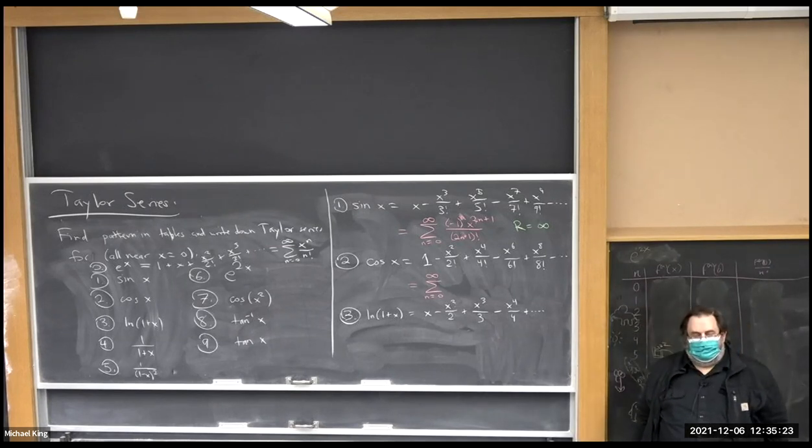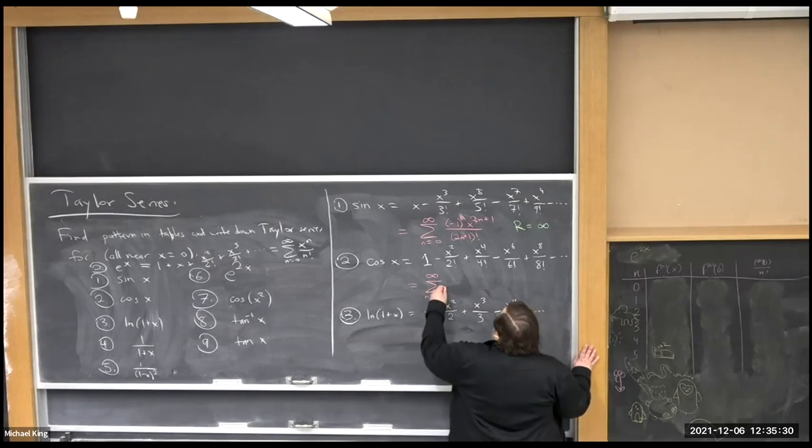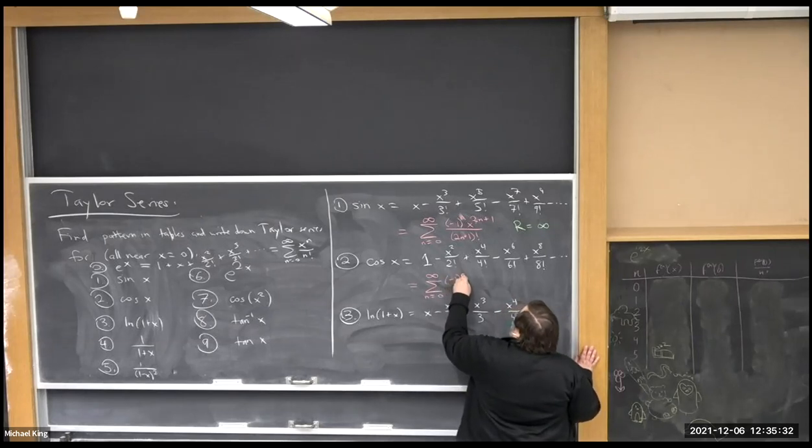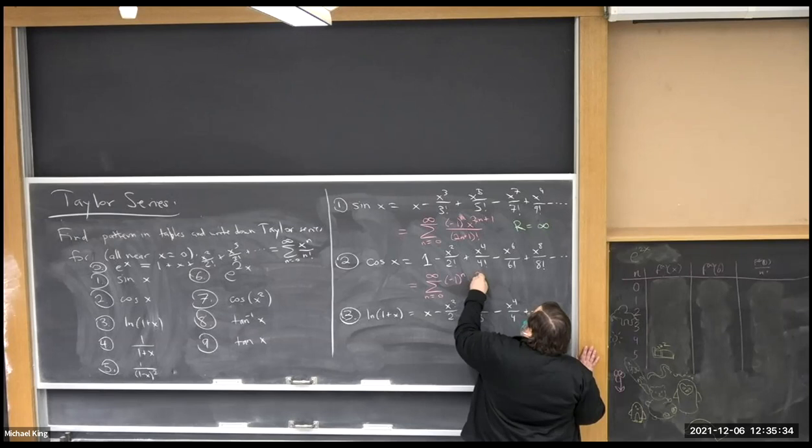What should we have instead of 2n plus 1? Just 2n, right? Because we're doing even powers. So -1 to the n times x to the 2n over 2n factorial.